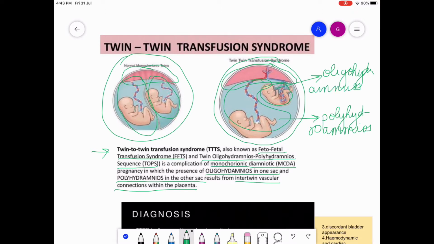For example, if this was not monochorionic diamniotic but monochorionic monoamniotic, then this oligohydroamnios polyhydroamnios sequence cannot occur. So just to memorize this, it needs to be monochorionic diamniotic, so that one can have less fluid and the other can have more fluid in its cavity.